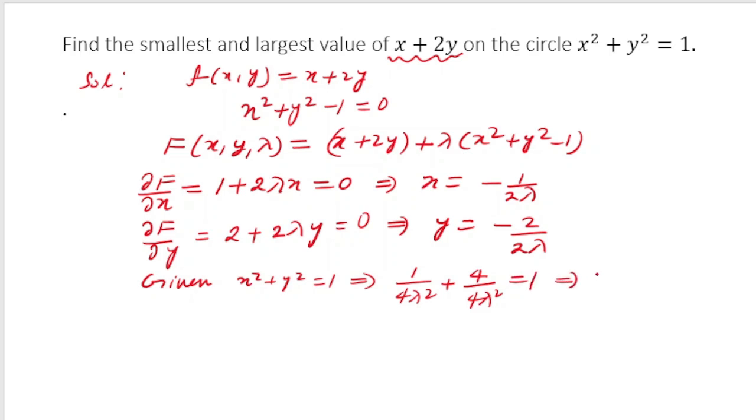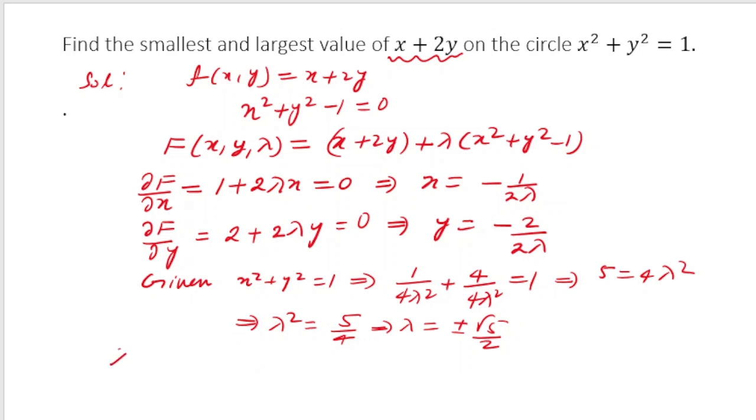So I have got 5 is equal to 4 lambda square. This gives me lambda square is equal to 5 by 4. So lambda is equal to plus minus under root 5 by 2. So we have got two values of lambda.